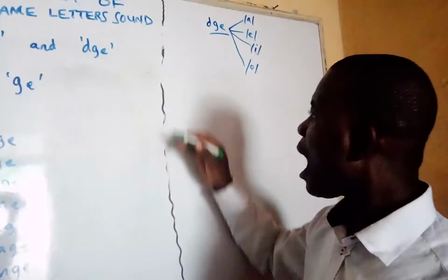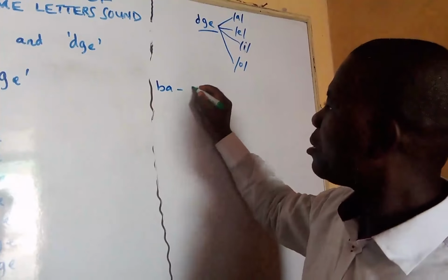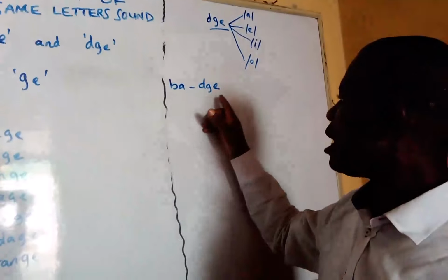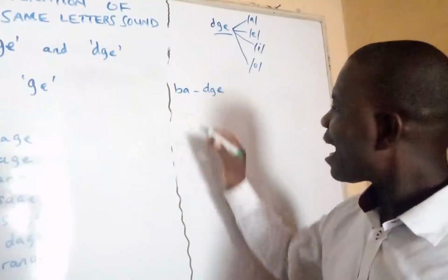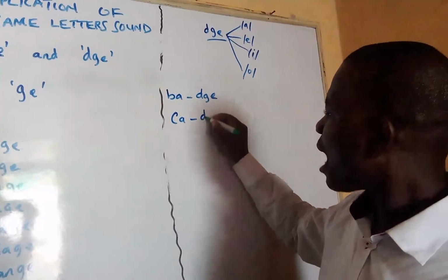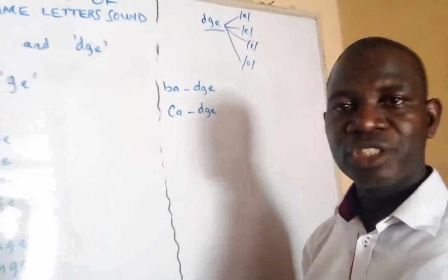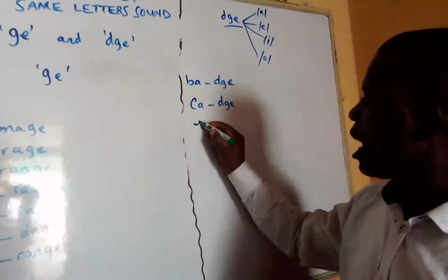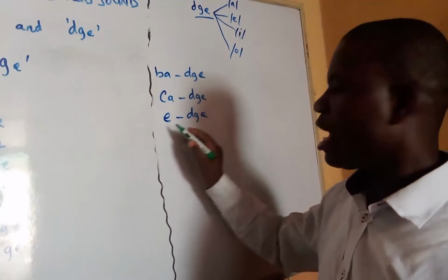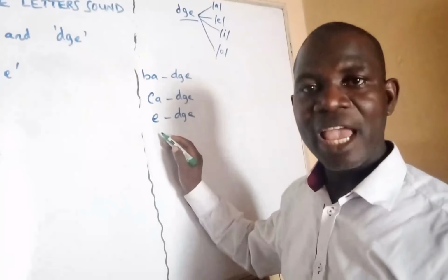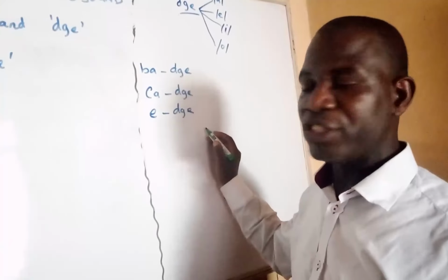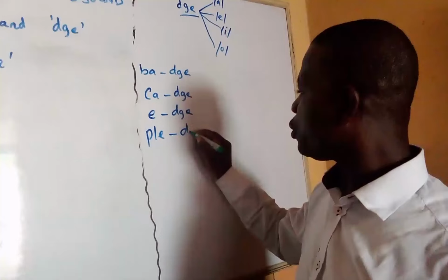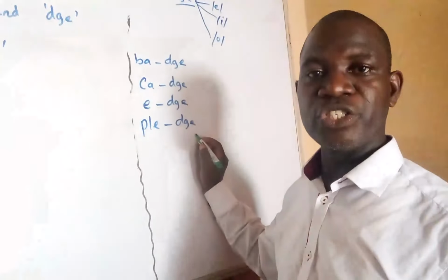Now, what are the examples? Where we have A, you have batch, catch. And to E, you have edge, pledge.